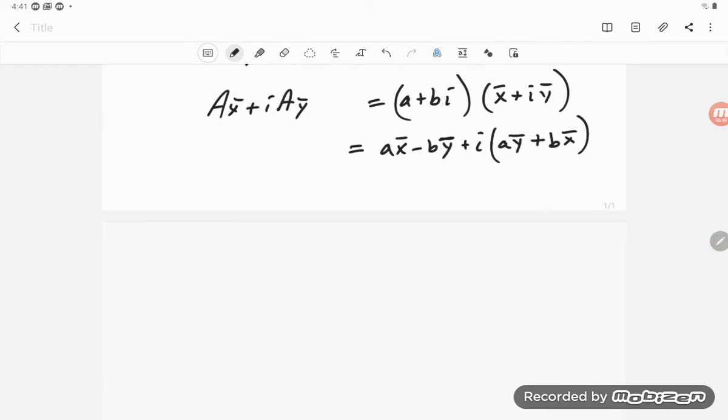And that means, because A is real, this is the real part here, that's the imaginary part there, and they have to match up.